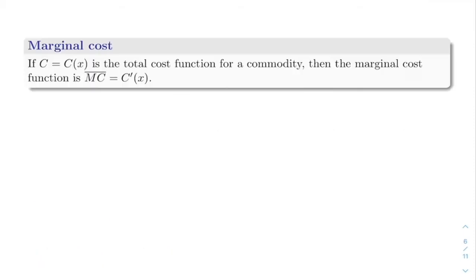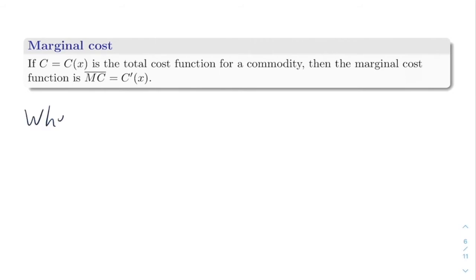Let's move now to the marginal cost. As with the marginal revenue, if C is the total cost function for a commodity, then the marginal cost function is the derivative of the cost. And we can do the same analysis as before.